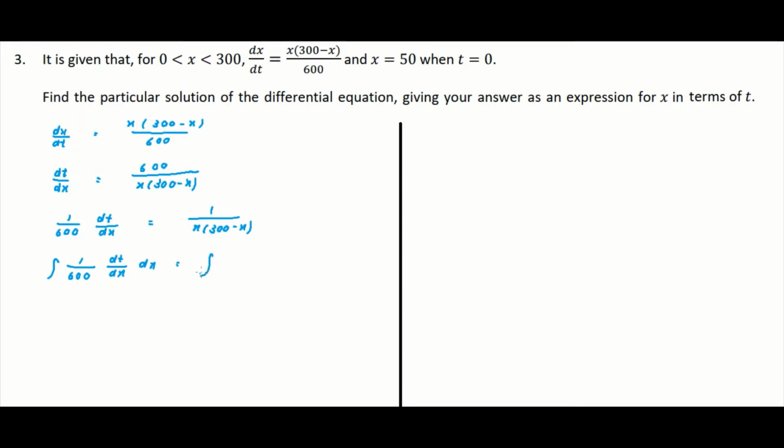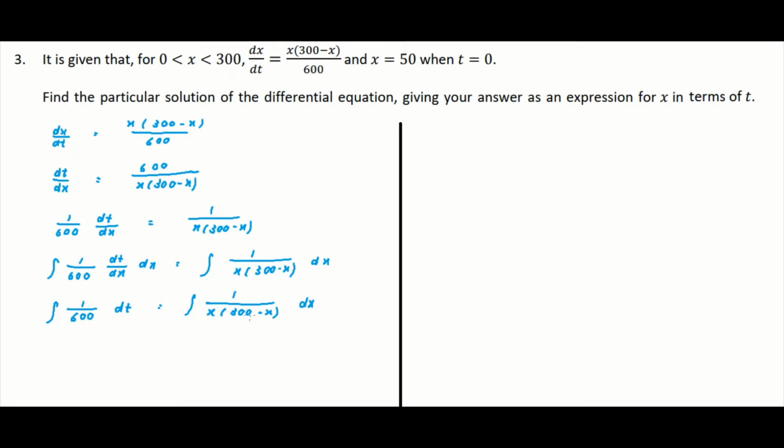So equal to the integral of 1 over x(300 - x) dx. Okay, so have you come up with the idea of integrating this part? You can't expand it, right? After you expand it, you get -1, but you can't change it into ln as well. So this term you should be able to integrate already. It's just 1 over 600 t.